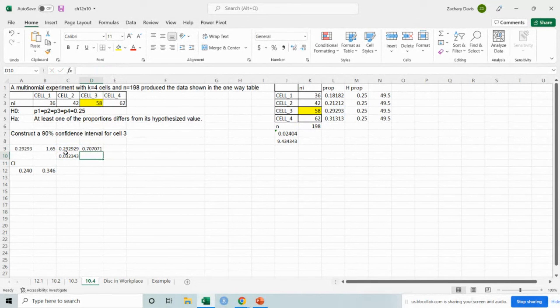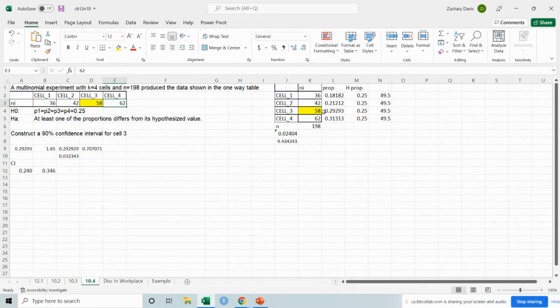So this is the complement of that. That's what we need to calculate out. And then we get our confidence interval that we expect the value for cell 3 to be between 0.240 and 0.346.